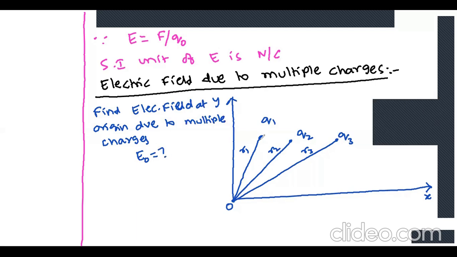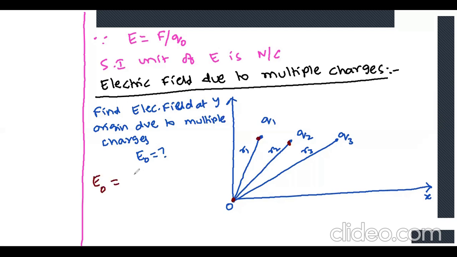So, due to the first charge, there will be a field, and due to the second charge, and due to the third charge, right? So, electric field at origin, I can write as electric field at origin due to Q1, due to Q2, and due to Q3.